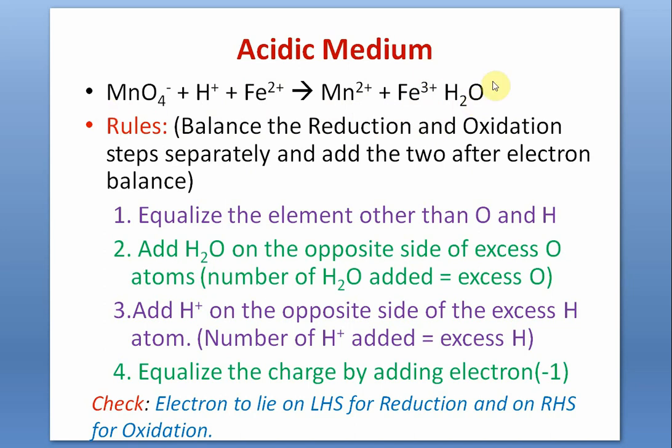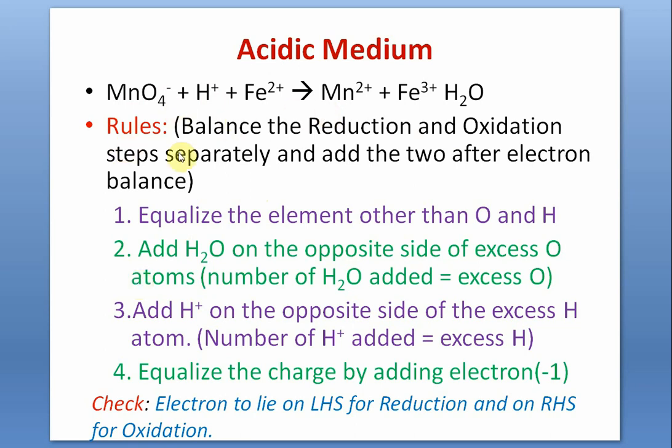How to balance this? This has been done in acidic medium. So you have to follow a set of rules to balance in acidic medium. First balance the element other than O and H, then balance oxygen, then balance hydrogen, and finally balance electrons.